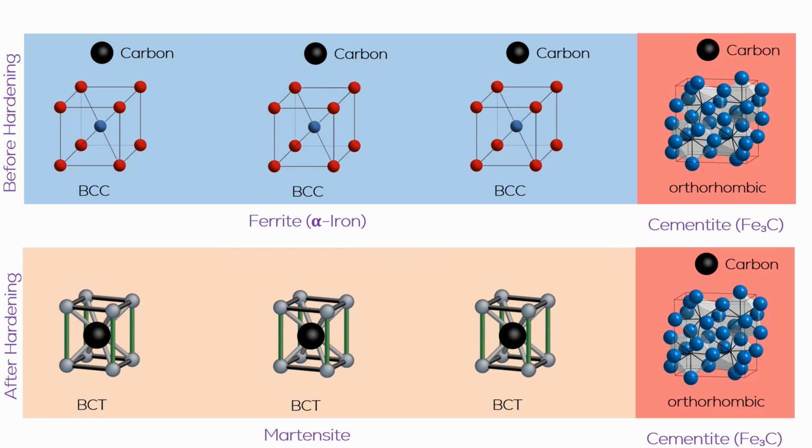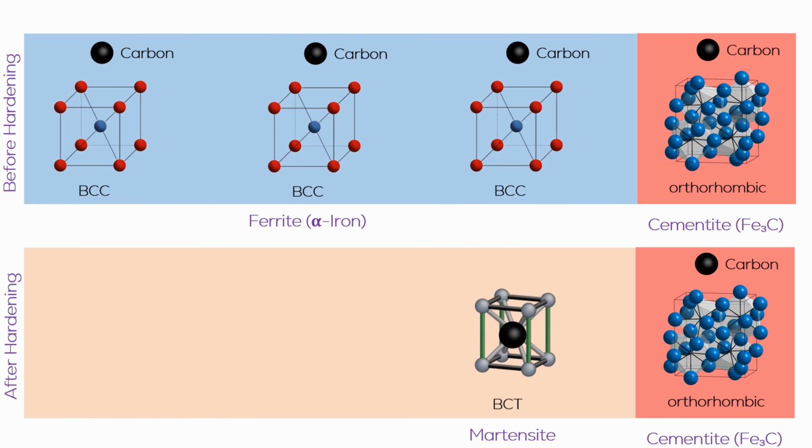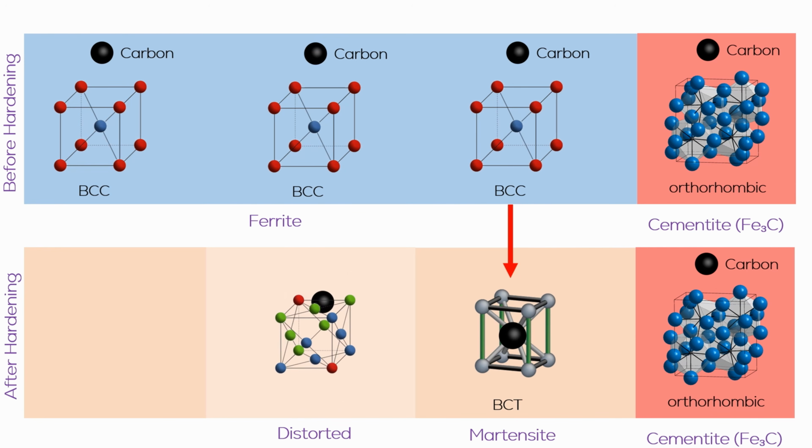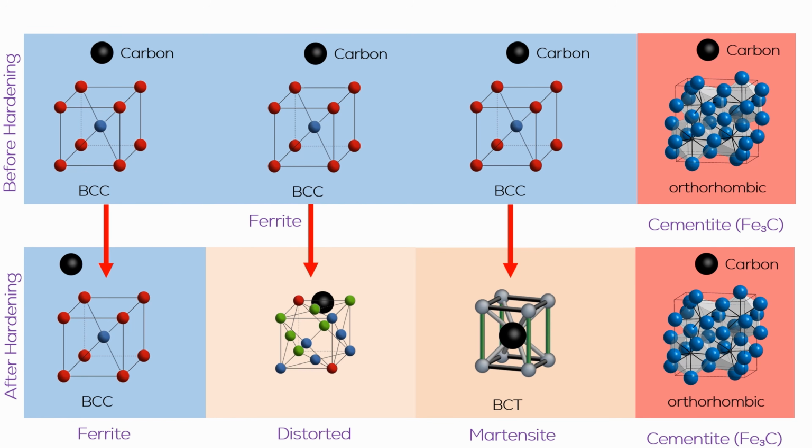Only some FCC grains successfully change into BCT grains, meaning into the martensite phase. Some are just distorted, and some do not change at all. They just revert back to FCC depending on the cooling rate and the carbon percentage in the steel.